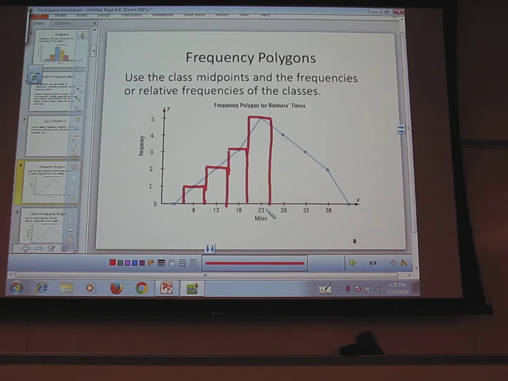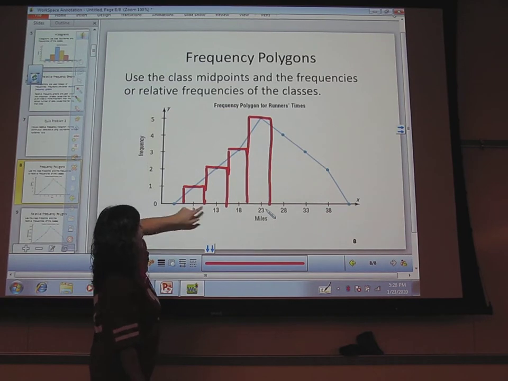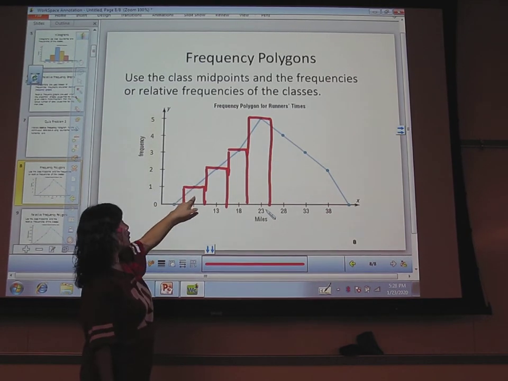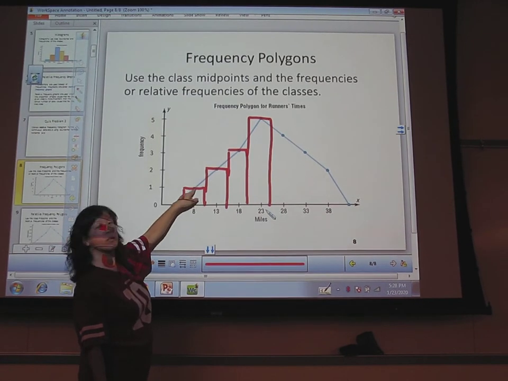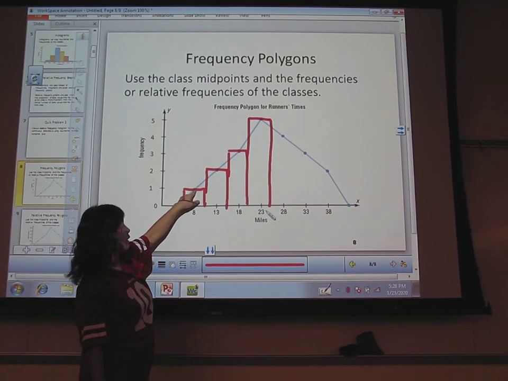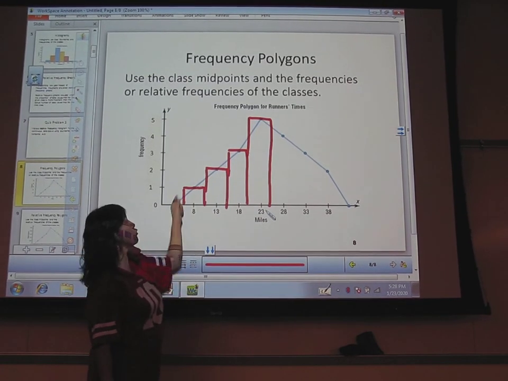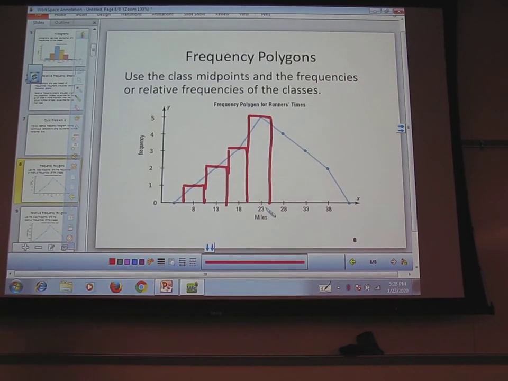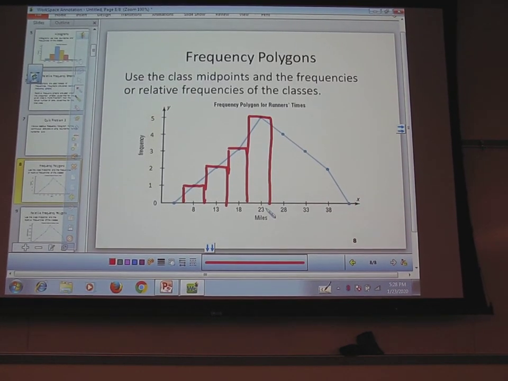It's basically just taking the midpoints of every class and the same frequency. So you go with whatever the frequency is at the midpoint and make a dot there. Then here's the next frequency, find the midpoint and make a dot there, and then you draw a line connecting them. They're essentially the same graph.